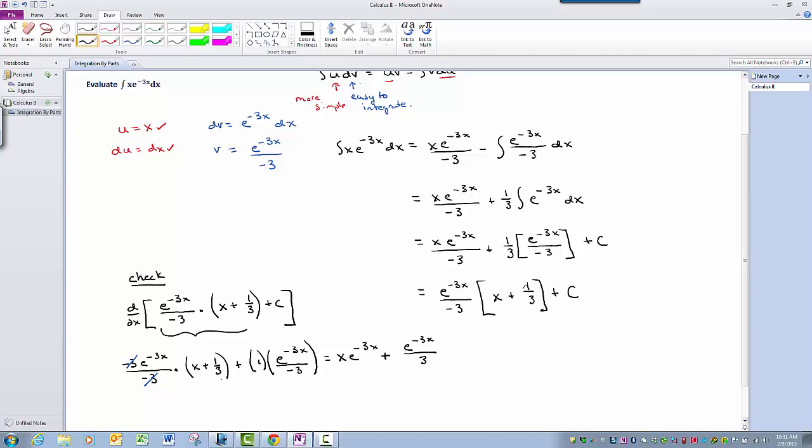plus 1 times this, which is going to be a negative e to the negative 3x over 3, right? Because this negative, I brought it up front. And notice now that this guy and this guy cancel, and this is equal to just x e to the negative 3x.